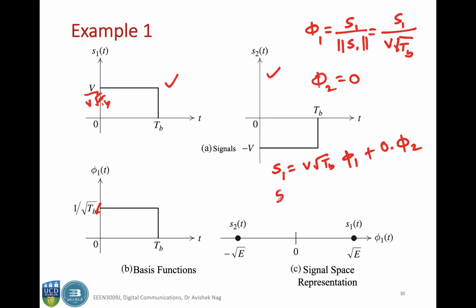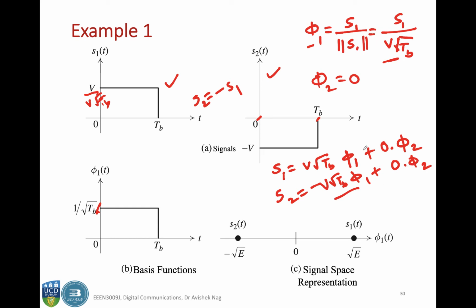And your S2, as you can see, is minus V root TB of phi 1 plus 0 times phi 2. By looking at these figures you can write S2 as minus S1, and S1 is phi 1 times V root TB.